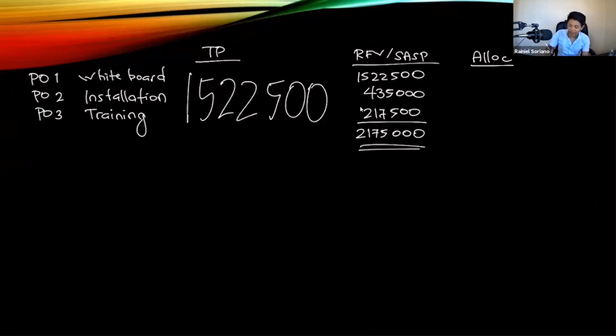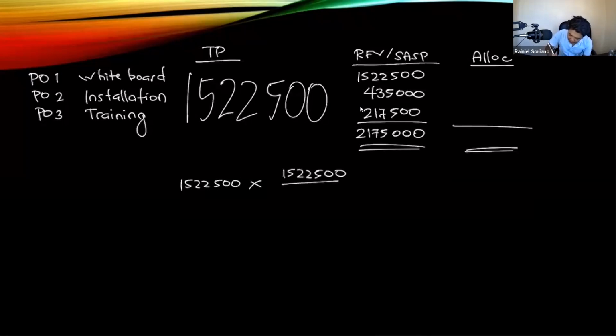Siyempre, gagamitin natin yung ratio ng relative fair value nila. Alright. So, here, 1,522,500, right? Divided by, unahin ko yung divide bago yung multiply because apparently mag-error ang electronic calculator. Originally, the computation is 1,522,500, that is the transaction price, times the standalone selling price of the whiteboard, which is 1,522,500, divided by the total, which is 2,175.